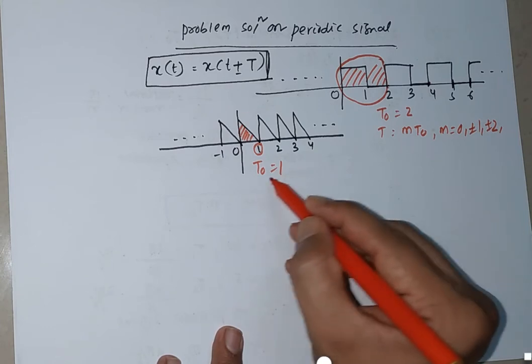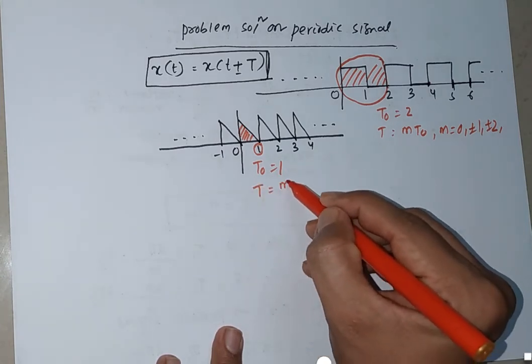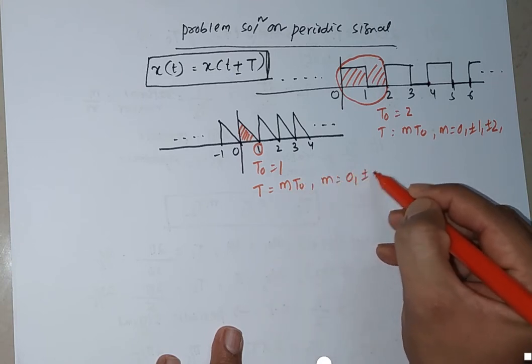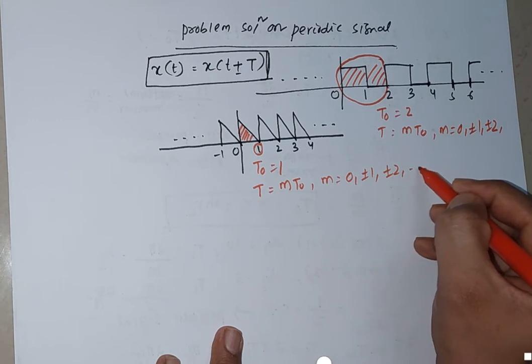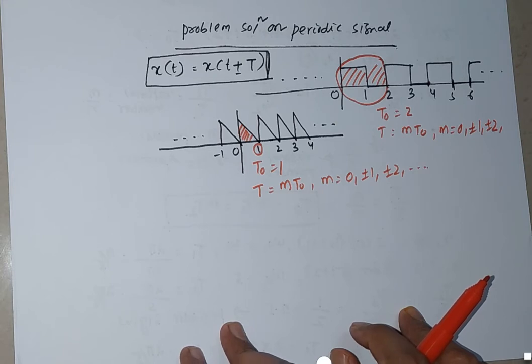Here the fundamental period T0 is 1. Now what is the period? The period is m multiplied by T0, where m is 0, ±1, ±2, like this.